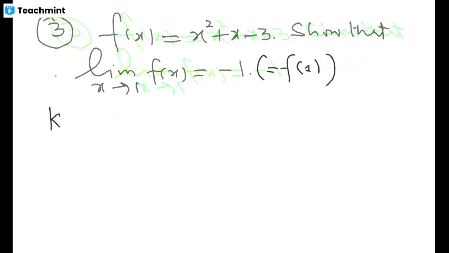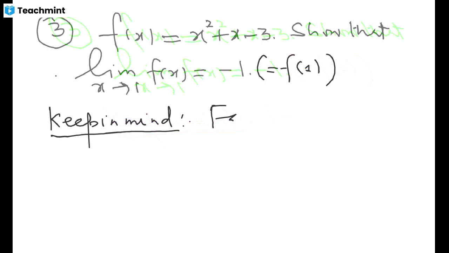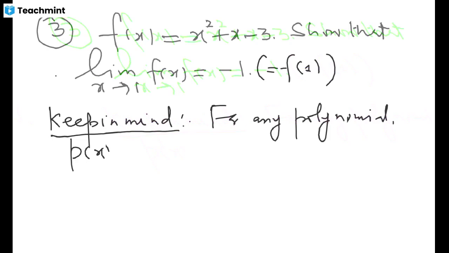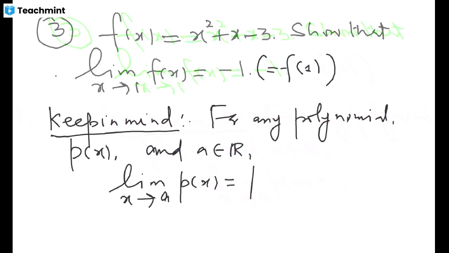Keep this in mind, we will come to this once we develop more tools: for any polynomial p of x and any point a in R, the limit as x tends to a of p of x is exactly the value of the polynomial at that point.